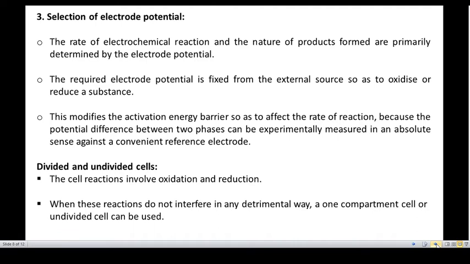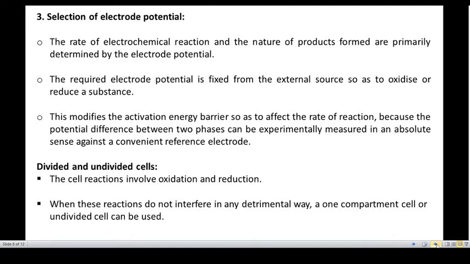Generally, the activation energy is modified by the electrode potential. So this electrode potential modifies the activation energy barrier for a particular reaction. Therefore, while selecting the electrode potential, you should consider the proper theoretical knowledge of the reaction and the potential of the electrode from the electrochemical series.